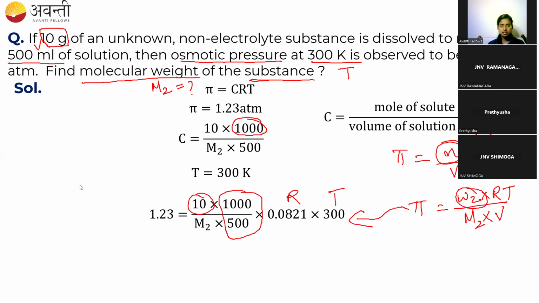Has anyone got the answer here? If I calculate, I will get 6,000 into 0.0821 divided by 1.23. Has anyone solved this?